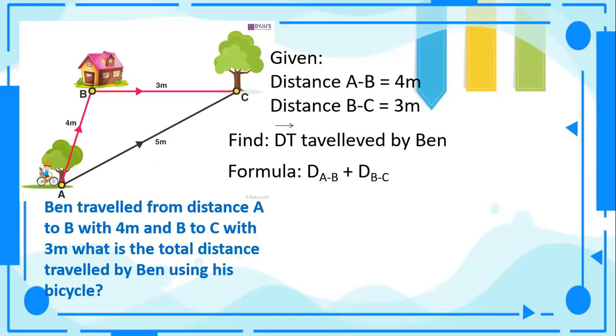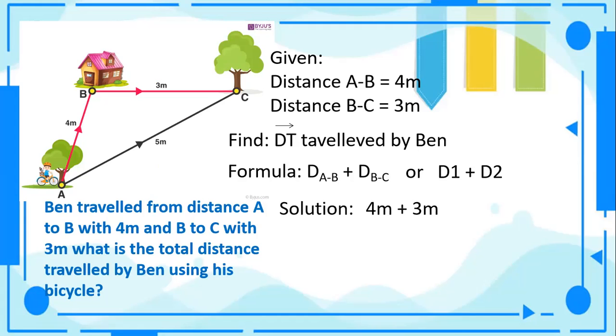In this problem, we will use the formula distance AB plus distance BC, or simply distance 1 plus distance 2. In getting the answer, we just simply substitute the givens to the formula.